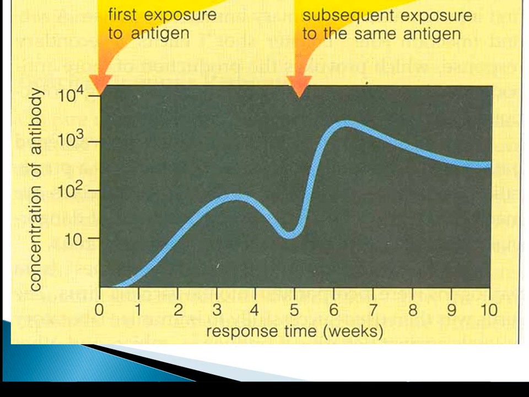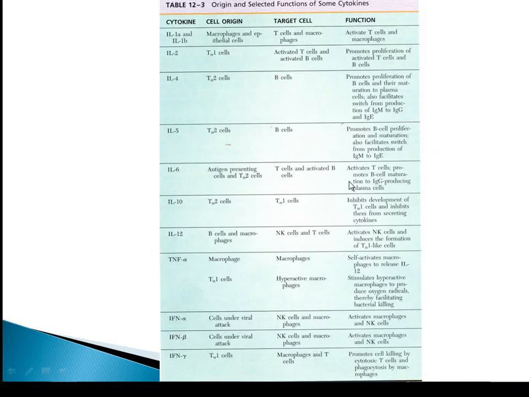The increased potency of the secondary reaction is due to the process of immunological memory, which is inherent to the adaptive immune system. So that's why the secondary immune response in adaptive immunity is more potent, more powerful, and directed to eliminate the threat from the body.